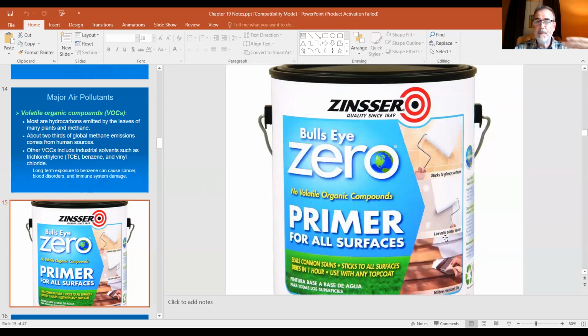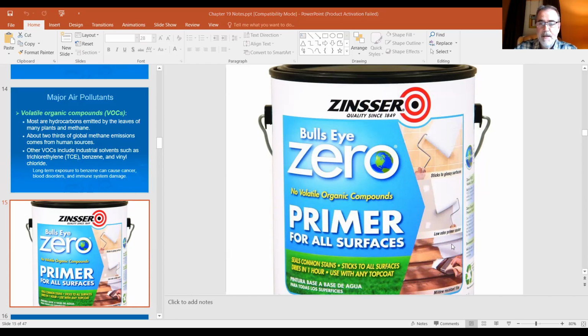Another place you might see this, for example, let's say you're painting. If you're ever going to paint a room, it always says make sure it's well ventilated. Why? Because you're breathing in potentially the volatile organic compounds. You can look for paints now because people are asking for them, like it shows here, low or no VOCs, no volatile organic compounds.